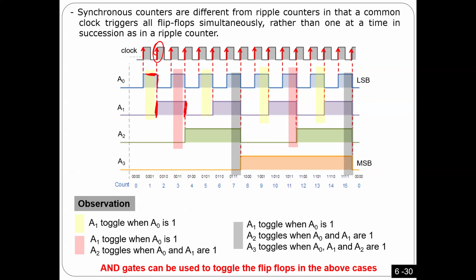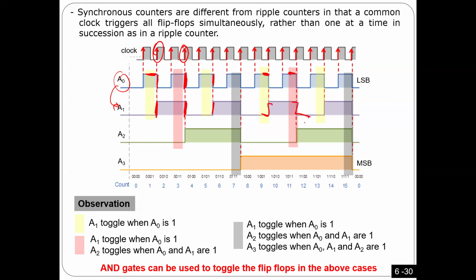In this toggle, I can see A naught was 1, and there is a clock. Same thing, another toggle here. So again, if you see at what time A1 toggles, you can see the relation between A naught and A1. Every time A naught is 1, A1 has to toggle. That's how it is. Okay? Every time this is a 1 here, this one has to toggle.